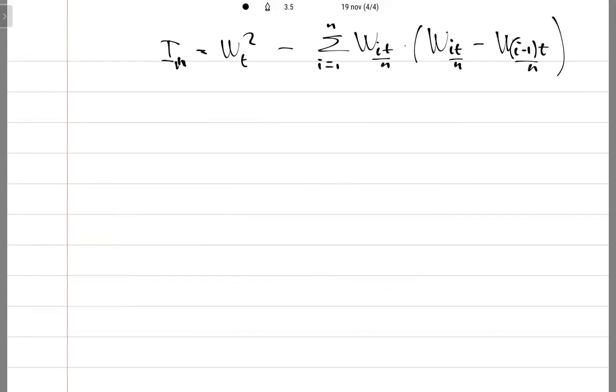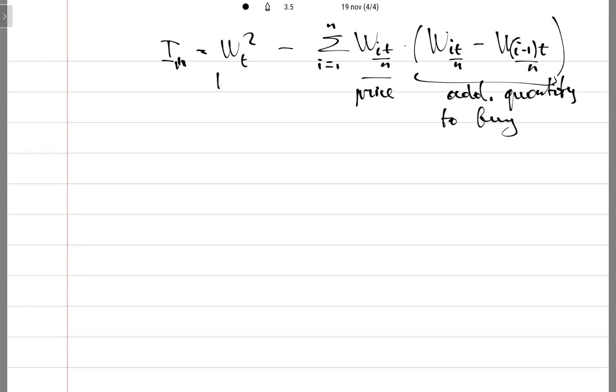So I have just written the same thing with sigmas, but basically that's price times additional quantity to buy. This is final welfare.